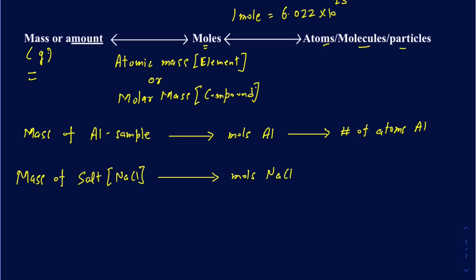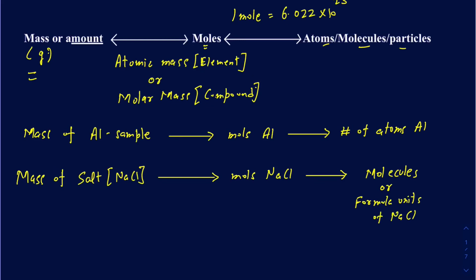And then from there, I'm going to be converting to the molecules of NaCl. This is where it makes a little bit of a difference. These molecules are also called formula units. So if they say formula units or molecules, they more or less mean the same thing for NaCl.